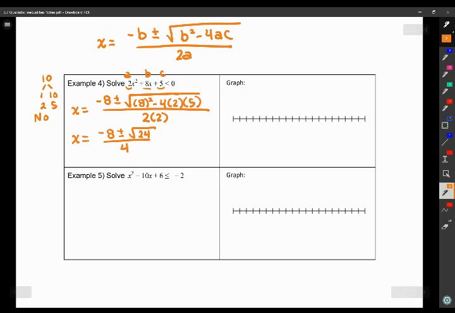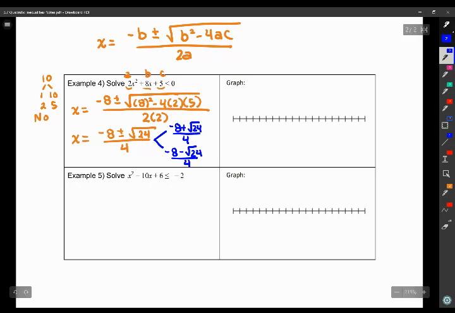Now, because we're going to use this to graph actual points, I'm going to write this as a decimal. I want to figure out what these are as decimals instead of us just reducing. So we're going to have negative 8 plus root 24 over 4, and we have negative 8 minus root 24 over 4.